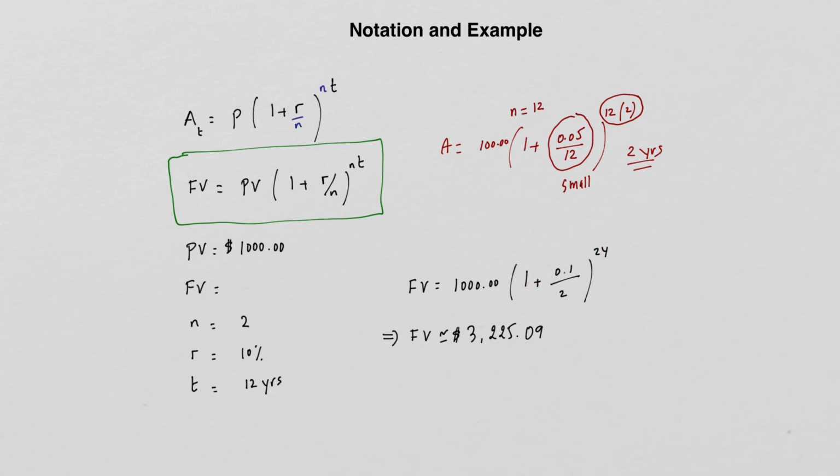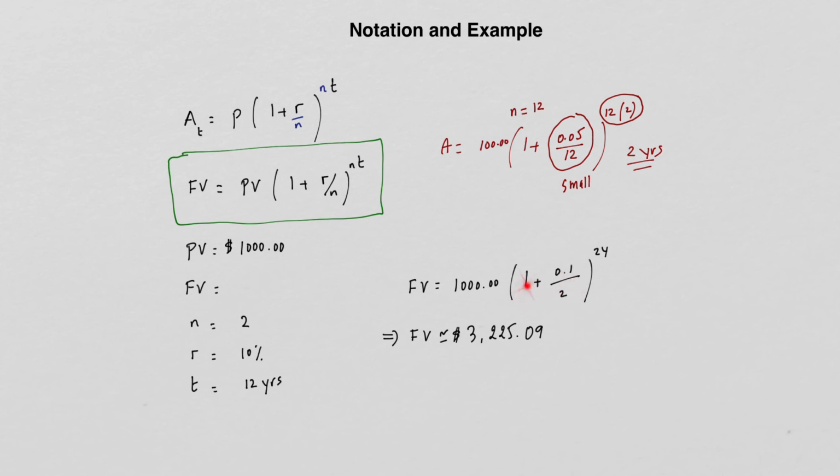Now, I want to freeze here and point out maybe 4 things for you quickly. All right. Number one, I want you to do this on your calculator and see if you get this, because it is possible that you're going to mess up because of the order of operation. The way you do it is this. You take 0.1 and you divide by 2 and you press enter.